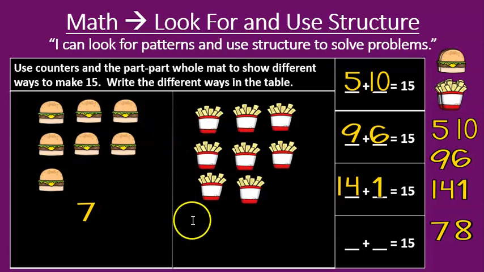Now the next thing we need to do is put a number here at the bottom. All we do is count up the French fries. Let's count it together. Here we go. 1, 2, 3, 4, 5, 6, 7, 8. So watch, I'm going to grab 8 and I'm going to put 8 underneath the French fries.